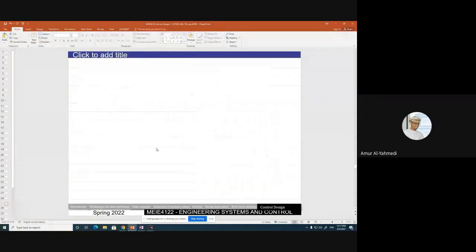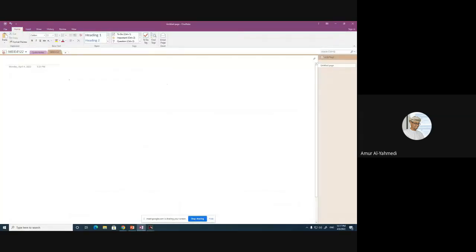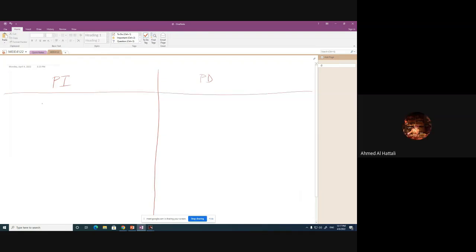I'll add a new slide here. Or maybe instead of doing it here, let me do it in this one. This is PI, and this is PD. What are the differences between them?